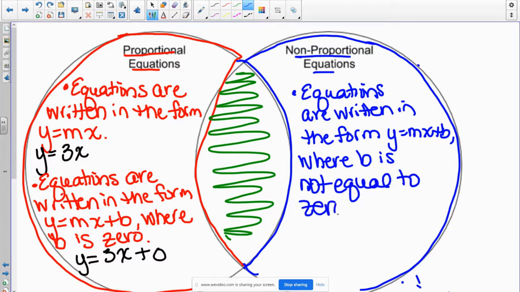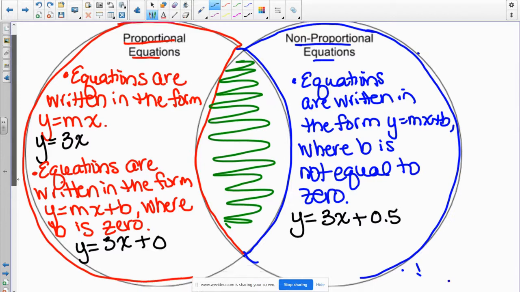So in other words, it can be any number other than 0. So it could be y, we keep that same slope of 3, but my y-intercept, or this b right here, is anything but 0. So it could be 0.5, it can be 2, it can be 3, it can be negative 1,000. It just can't be 0, because once it's 0, then it's a proportional idea.